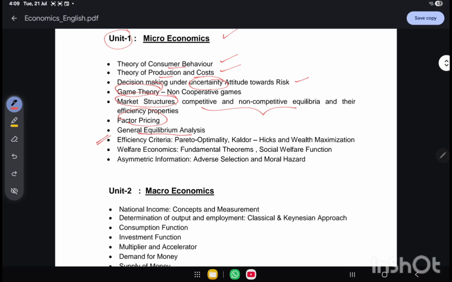You might have learned about these in your UG or PG courses, like wealth maximization, Kaldor and Hicks, Pareto optimality, and related to welfare economics, some theorems, some social welfare functions, and also asymmetric information, adverse selection, and moral hazard. This is Unit 1.